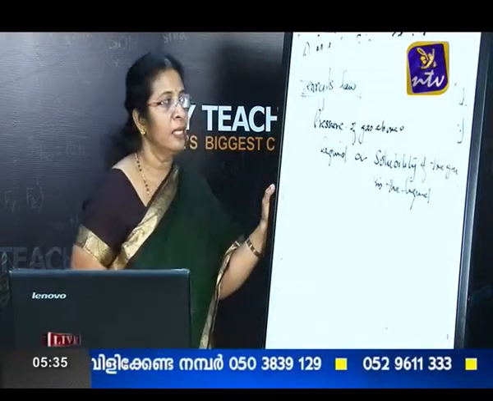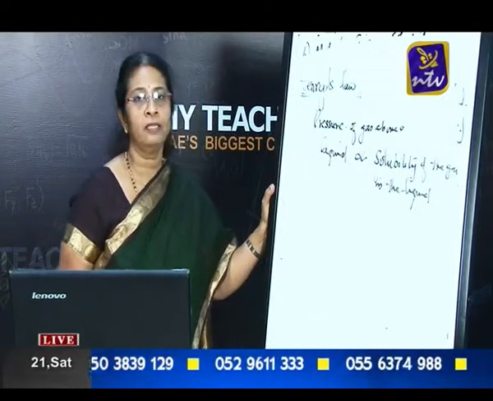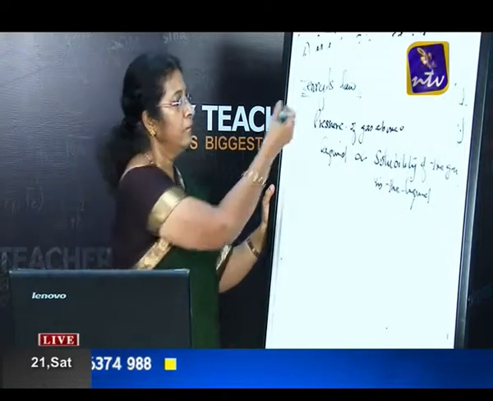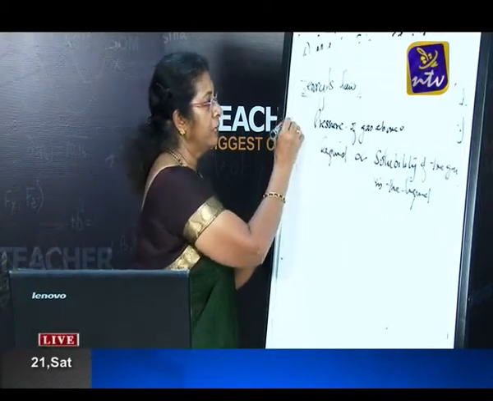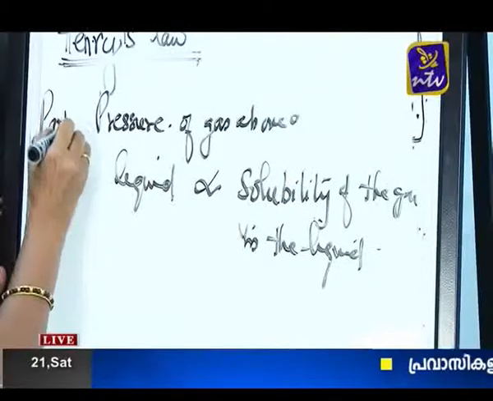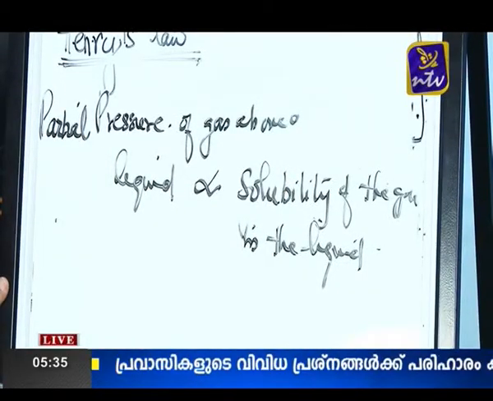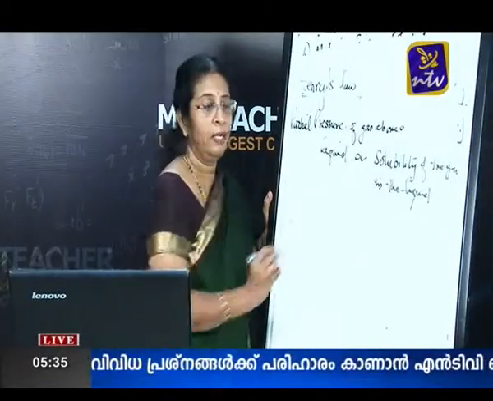At the same time, the other scientist Dalton said that instead of pressure we have to use partial pressure. So he changed the term, and said the partial pressure of the gas above the liquid is directly proportional to the solubility of the gas in the liquid.